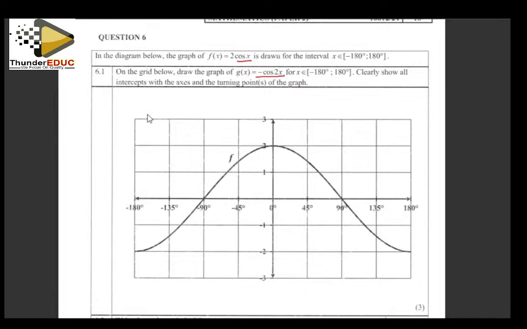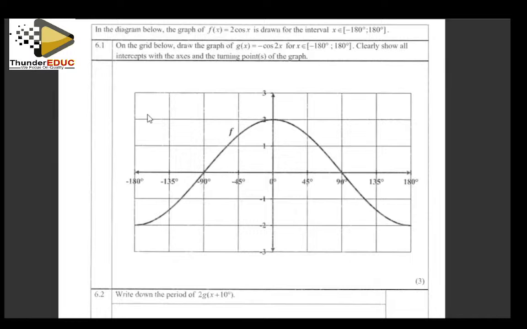So when you punch this into your calculator, I'll go to mode and table, which is 3. I have negative cos 2x, close brackets. I'm starting from negative 180, positive 180 is the end, and then my step is 45.